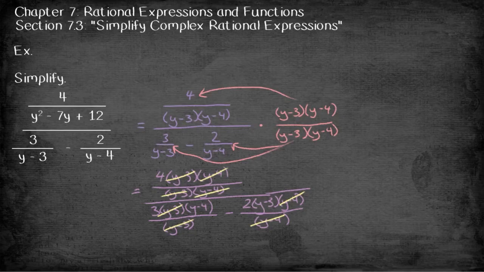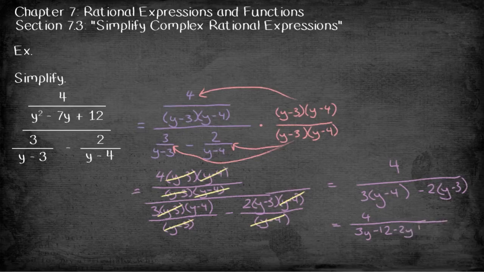So actually what we end up with is 4 over 3 times y minus 4 minus 2 times y minus 3, which we can simplify. So we get 4 over y minus 6 as our answer, which is much nicer than what we started with.